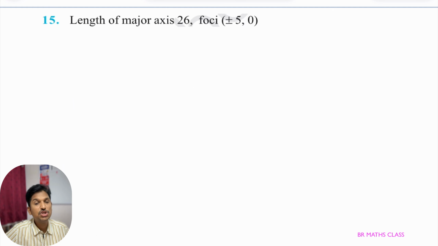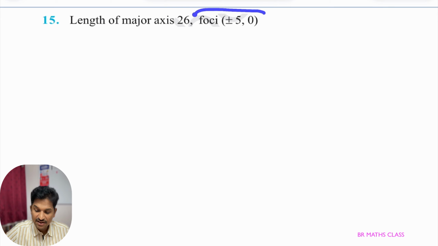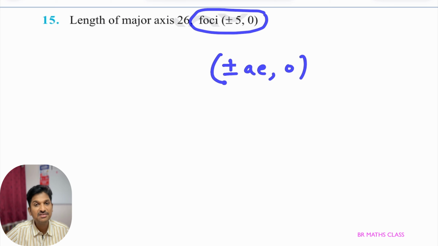You please see question number 15. They given length of major axis as 26, foci as plus or minus 5 comma 0. What you need to find? You need to find equation of ellipse. Here foci is important. In foci, total two types of foci are there. In first type formula is plus or minus AE comma 0. In second type formula is 0 comma plus or minus BE.